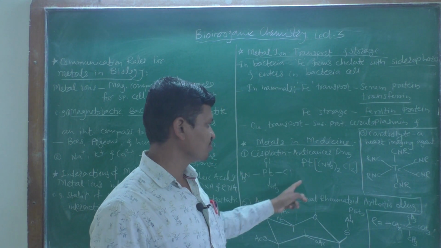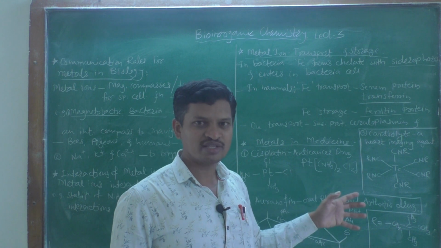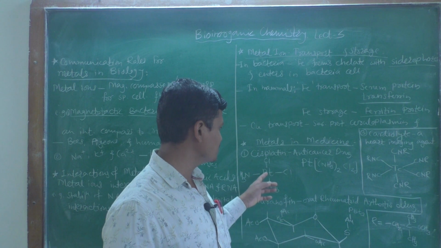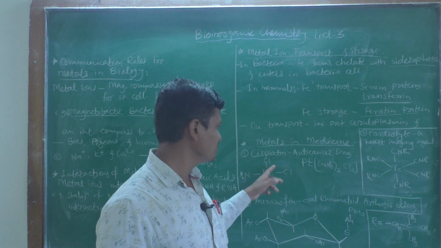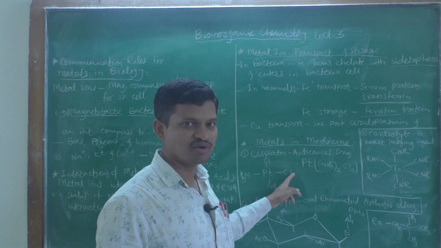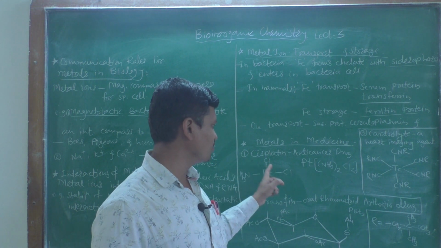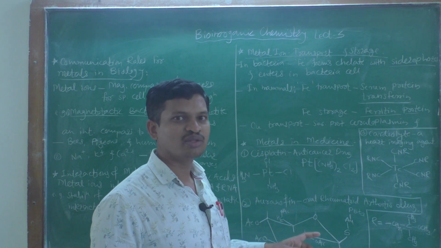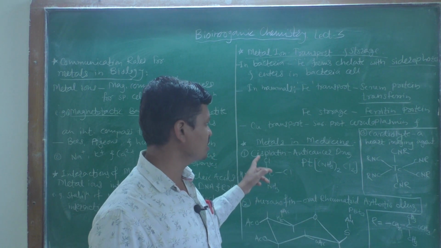This is the inorganic or coordinate complex formed by the combination of the central metal platinum with two amine ligands and two chloro ligands. In this cisplatin, the two chlorine ligands and the two amine ligands are on the same side. That's why it is called cisplatin.